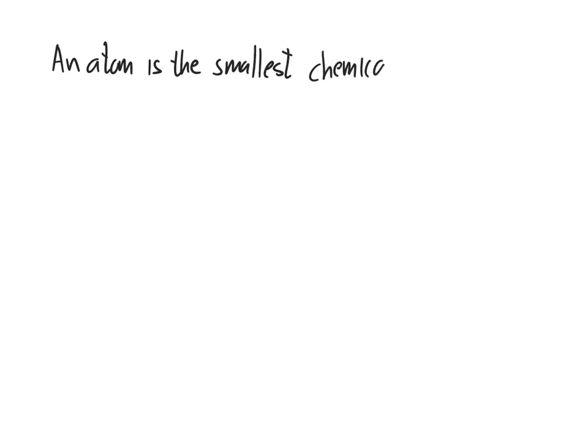In this grade 8 course, we are going to use the following definition of an atom: that an atom is the smallest chemical unit of an element. That is very important.